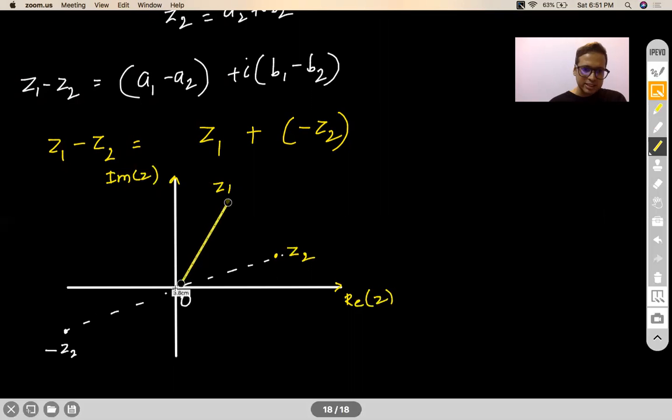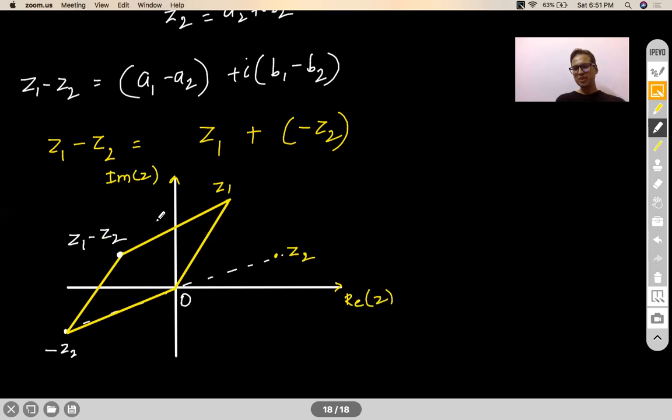So this and this, treating them as the adjacent sides, if you complete a parallelogram, I'm just assuming that my parallelogram comes out to be good. Yeah, good, decent one. Then this point that you see here, that would be your z1 minus z2. Okay, you can figure it out in the same way as we figured out the location of z1 plus z2. So this point is your z1 minus z2, right?